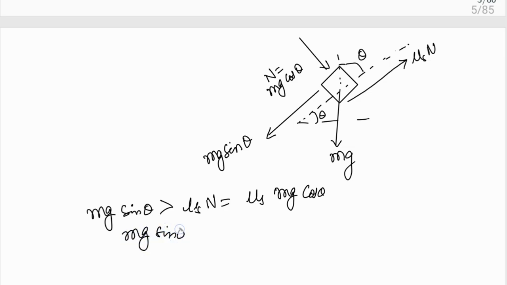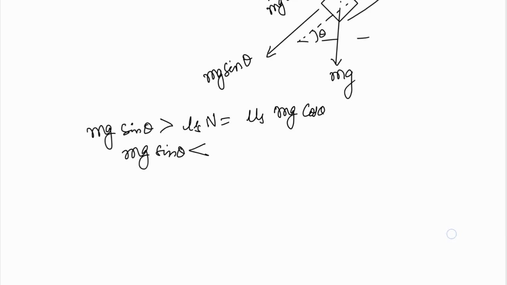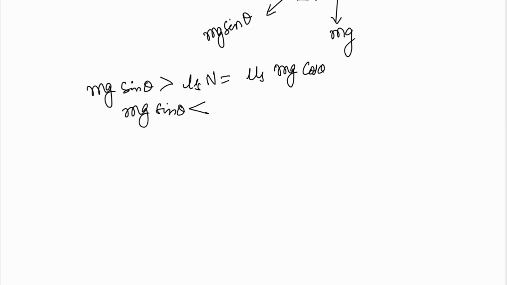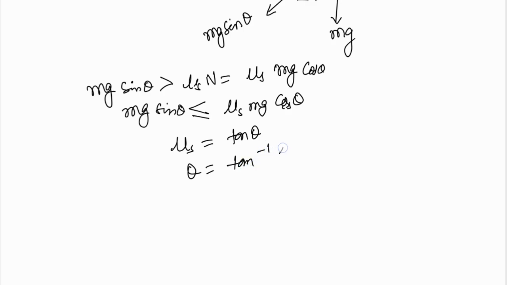Mg sin theta should be less than mu s into mg cos theta. You can also put equality. So on the critical condition, when this force is just equal, we can consider that mu s is equal to tan theta, theta equal to tan inverse of mu s, equal to tan inverse of 0.3.